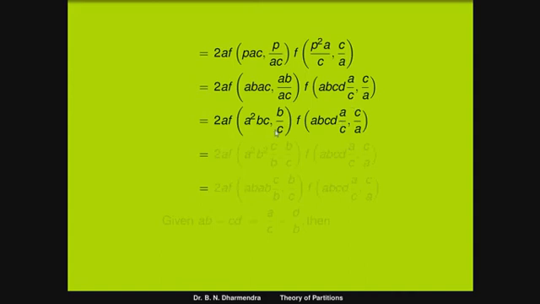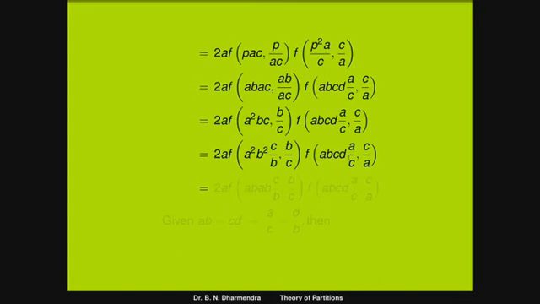Now I want it in terms of a square b square, so I can take the reciprocal terms as well. Here the denominator term is b, which is multiplied and divided by the first term b. So it can be written as 2 times a into f of (a square b square into c by b). We cancel the b and retain b by c into f of (abcd a by c, comma c by a).